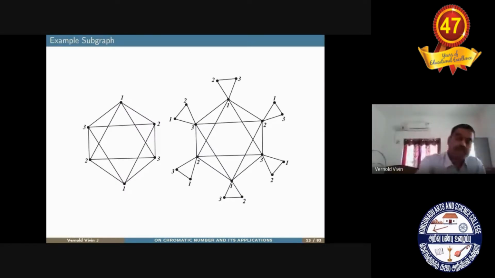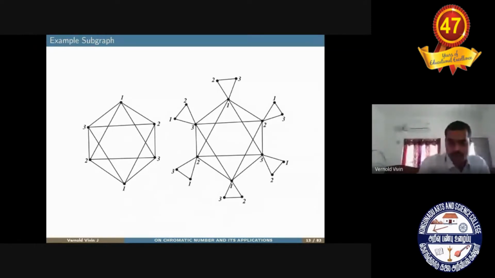So here you can see a bigger graph. This is a greater graph, and I am taking a portion of this here on the left hand side. That will be called a subgraph. Even if you take a single edge of this graph, it is a subgraph. It has numerous subgraphs. One such example I have displayed here.